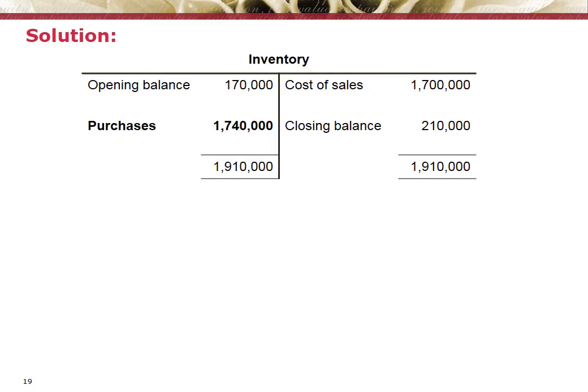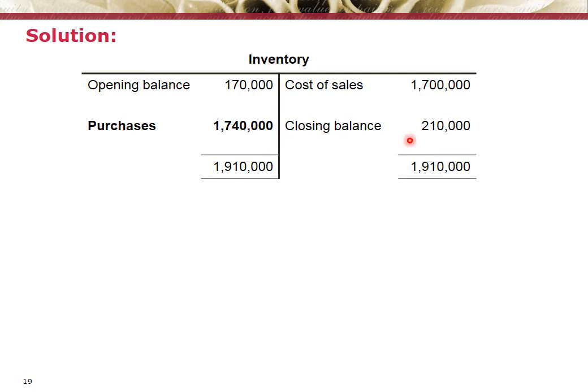To do this, and I've got the solution up here, we start with the inventory opening balance of $170,000. That's on the left hand side because the normal balance of inventory is a debit. Then we would put in the closing balance, which is $210,000, and that reduces the balance to figure out what the purchases are, so we put it on the right hand side.